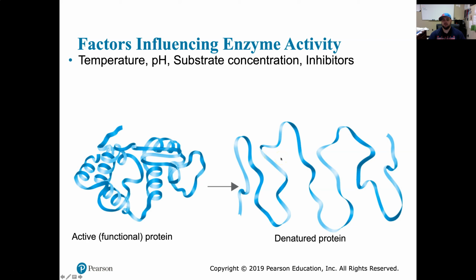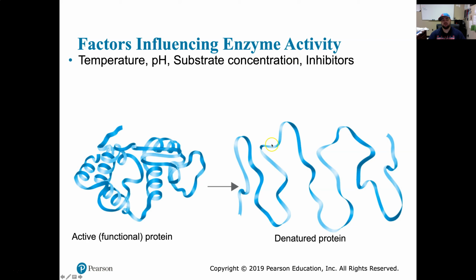All of a sudden, something changes, temperature too high, pH too high. The enzyme can be denatured, which means it'll be broken down, or the protein in general. But temperature, pH, substrate concentration, inhibitors, all have an effect on the enzymatic activity: how fast the enzyme works, or if it works at all.